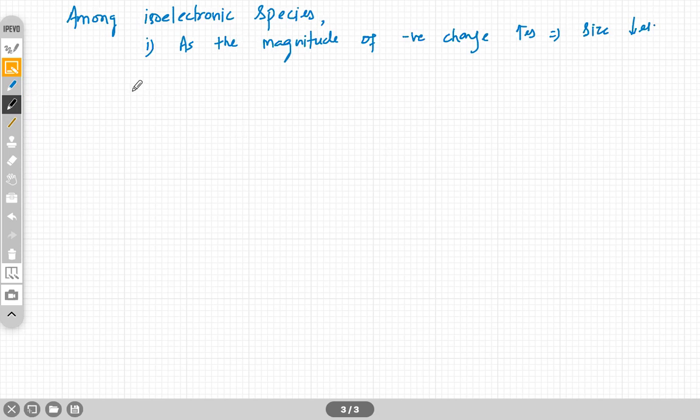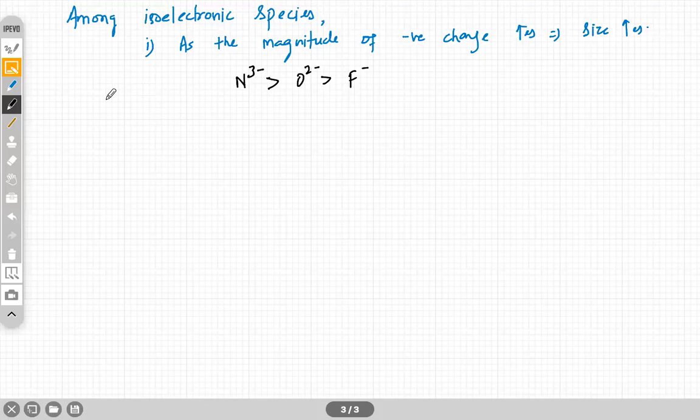So for example, if you have to compare N3 minus, O2 minus, and F minus. Oh, I have written it this way, size increases, not decreases. As the negative charge increases, size increases because you are adding more electrons into it, right? So among these three ions, all three are isoelectronic species, and the size order is this.